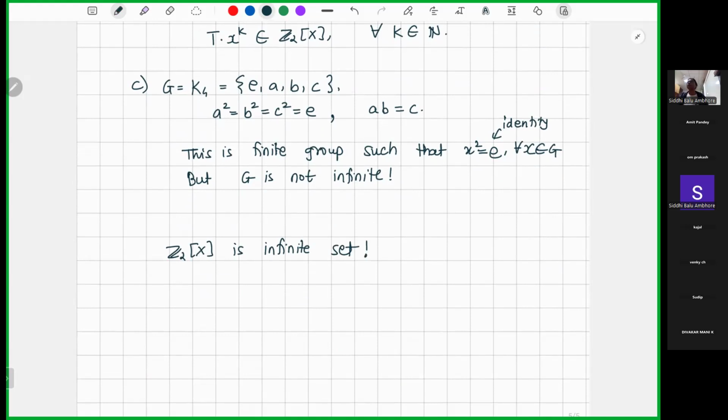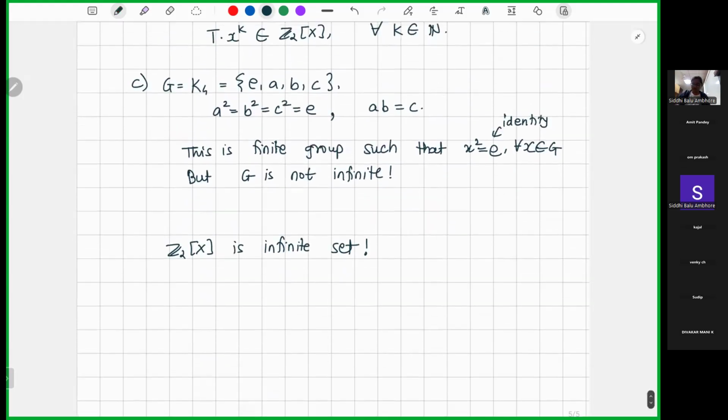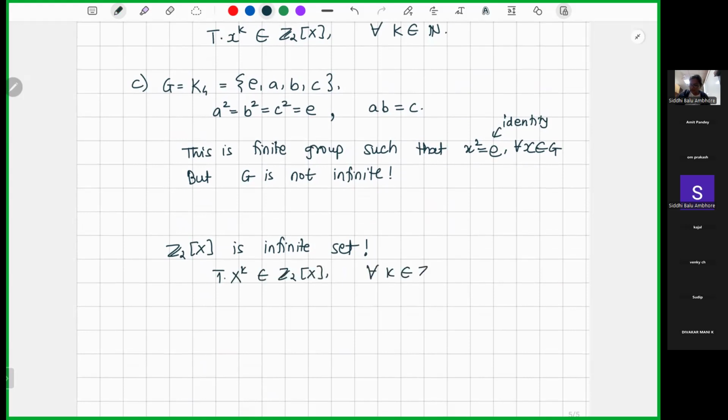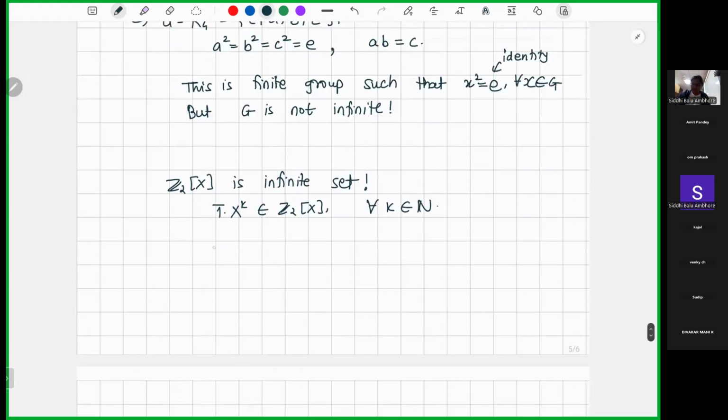This much is clear because x power k belongs to Z2[x] for all k in the integers, sorry, natural numbers. All the powers x power k are there. And none of them is equal. I mean, x power k is not equal to x power j for all k not equal to j. Okay, the powers are distinct. All of them are distinct.